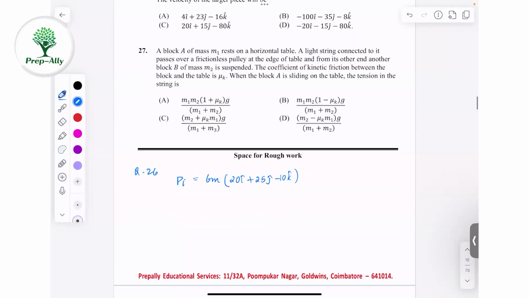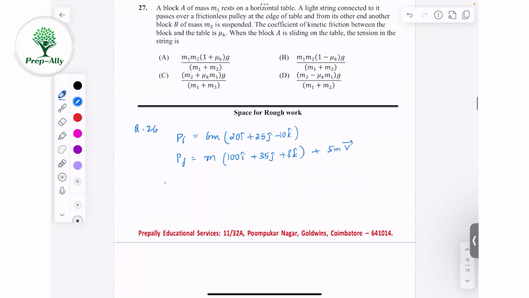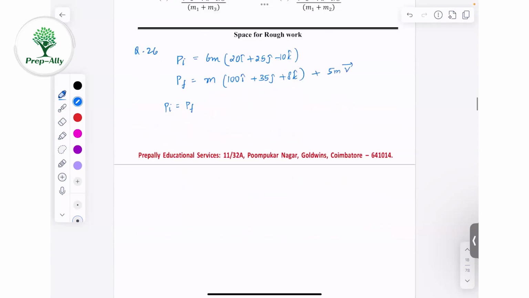Now, after the body breaks, it'll have a final momentum. Now, the lighter piece has a mass of m and the velocity is 100 I cap plus 35 j cap plus 8 k cap. And the other heavier mass, let us say, has a velocity vector of v bar. So here, the body's initial momentum and final momentum are going to be the same because momentum is conserved.